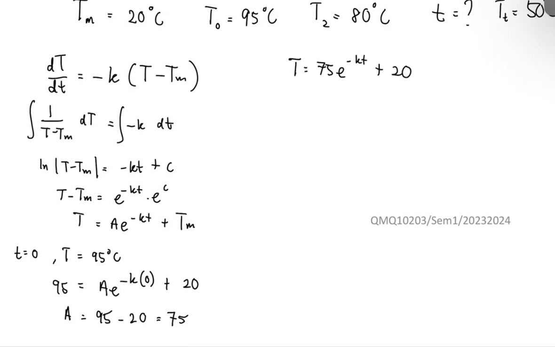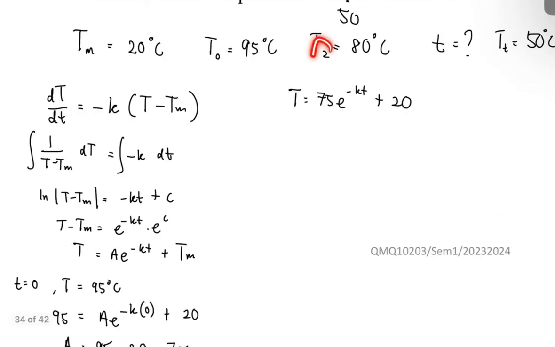So this is the information that we got so far. We have A equal to 75. Next, we need to determine the value of k. How do we find the value of k? By substituting t equal to 2 minutes. We know that when t equals 2 minutes, the temperature of the soup is 80 degrees.